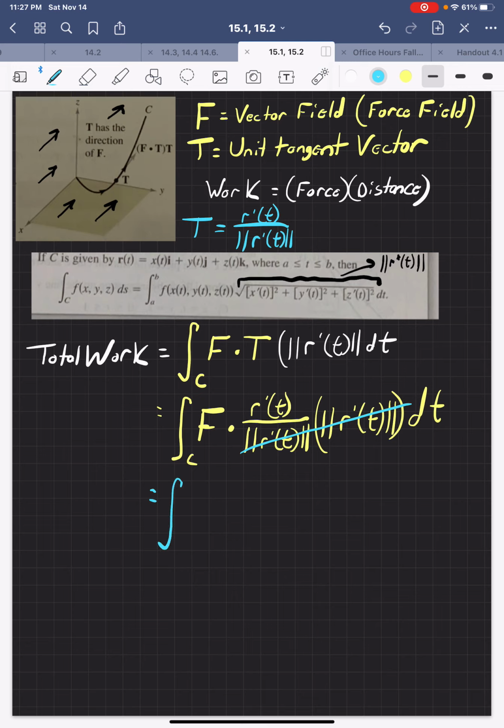For the total amount of work, we're going to have the line integral of your vector field, your force vector, times just r prime of t dt. And by times, I do mean dot product.